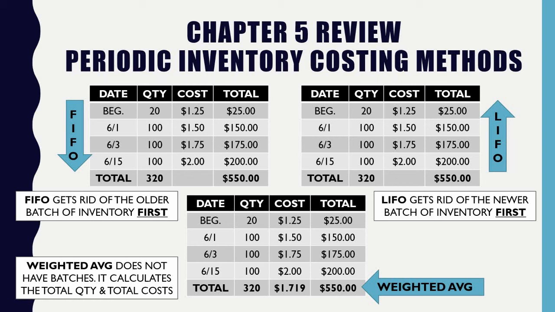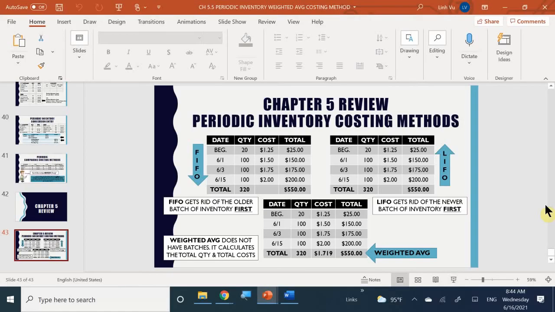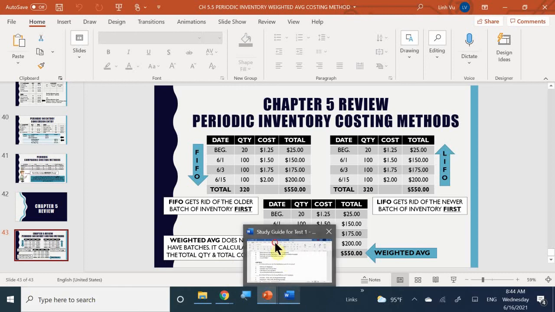And then every time you sell a product, you are not making a differentiation between them. You're just associating that every single item that you sell costs the same. And that's that. So that's chapter 5 for you.